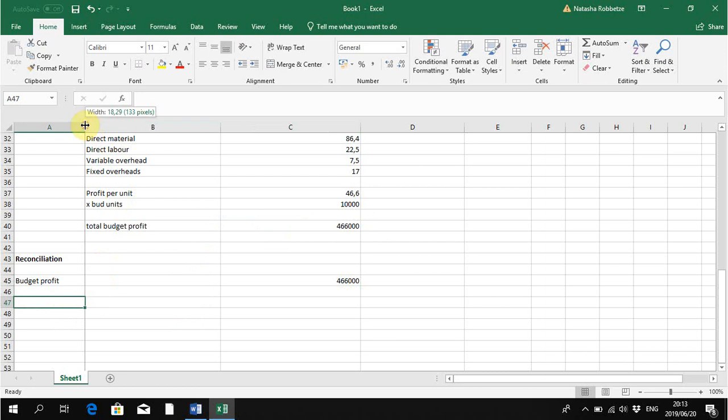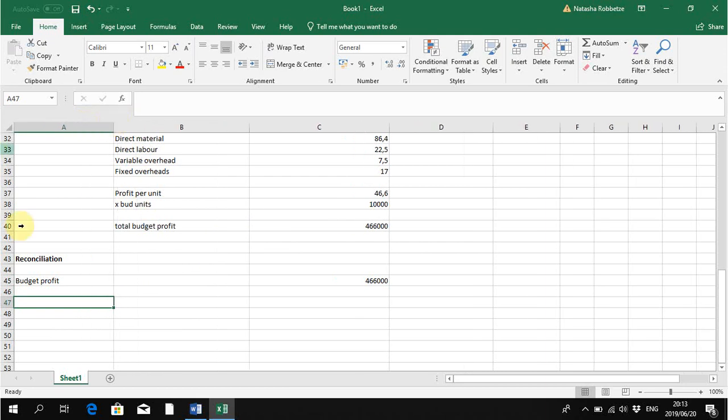Then the first variance, and we will not tell you these variances, you need to know how to calculate them.